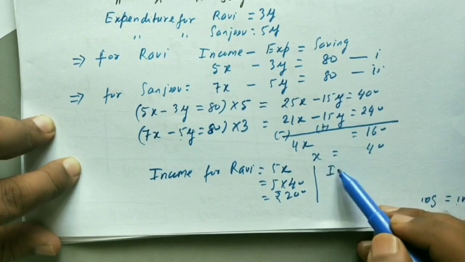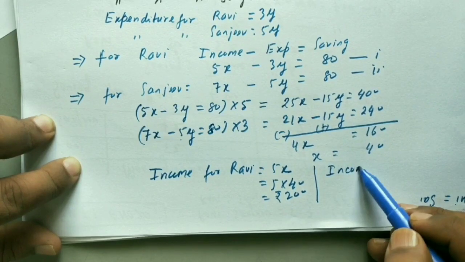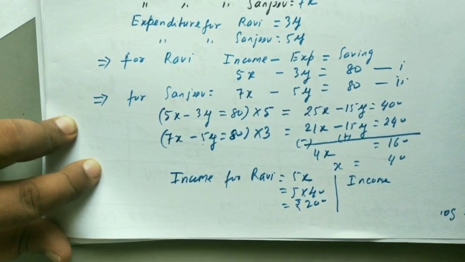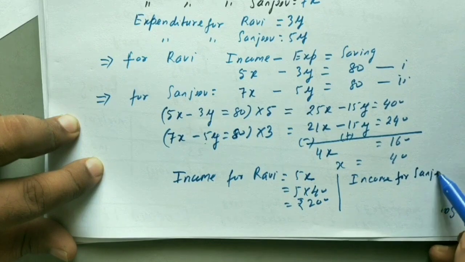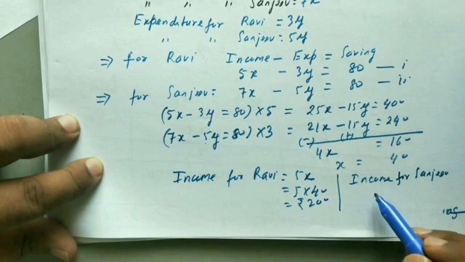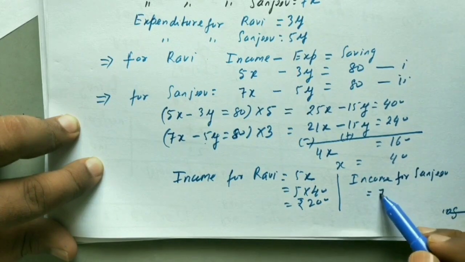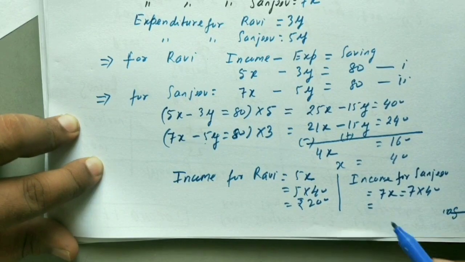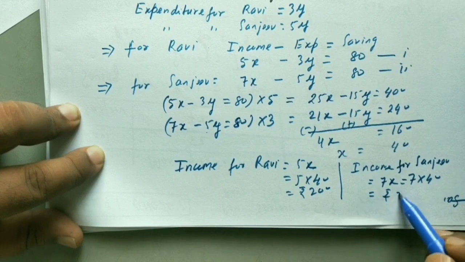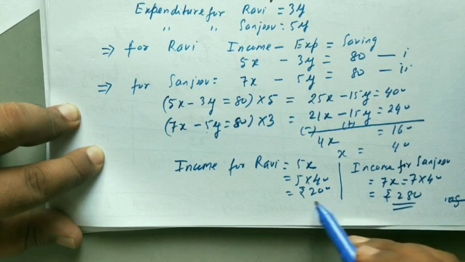Similarly, income for Sanjeev, it is 7x, 7 into 40, that is rupees 280. This is the answer.